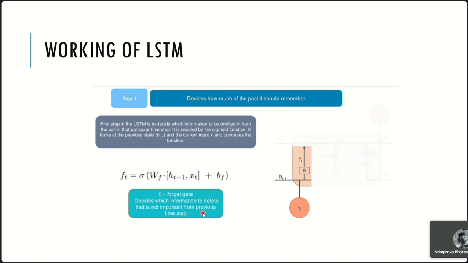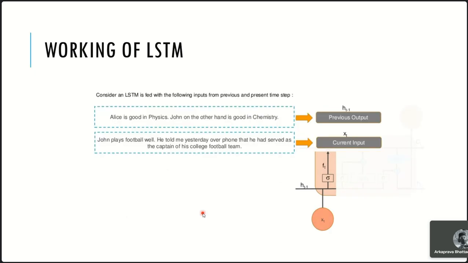Now let's look at one example and see how FT works. So consider an LSTM with the following inputs, from the previous and the present timestamp. HT minus 1 का output, that is the previous output, is like this: Alice is good in physics.